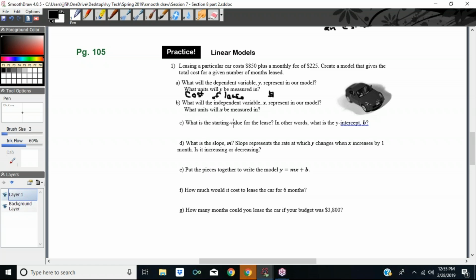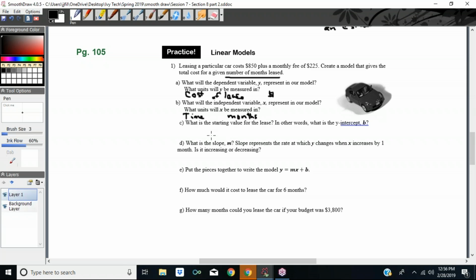The independent variable X, the time of the lease, is measured in months. And again, this is on page 105. What is the starting value? So help me out with this. What is the starting value?